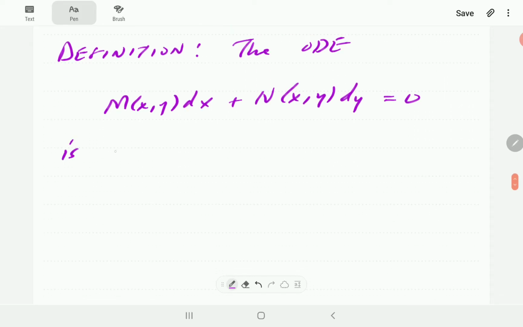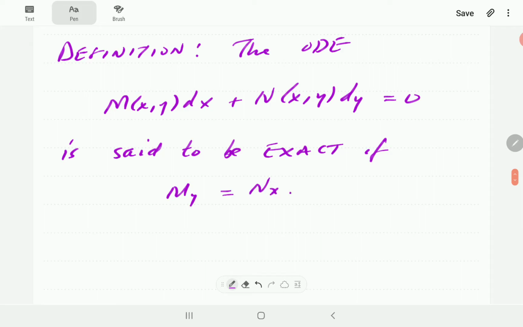This ODE is called exact, or is said to be exact, if My is equal to Nx. We have already shown how that comes about.